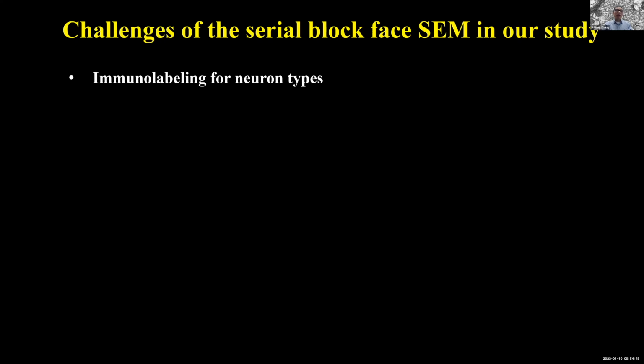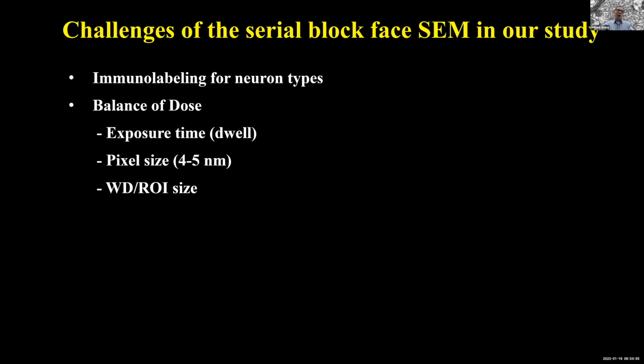Maybe we need to label at least two or three different neurons to know this neuronal network. So we had a problem with the immunolabeling. And also we had a problem balancing the dose, like the exposure time, pixel size and working distance.